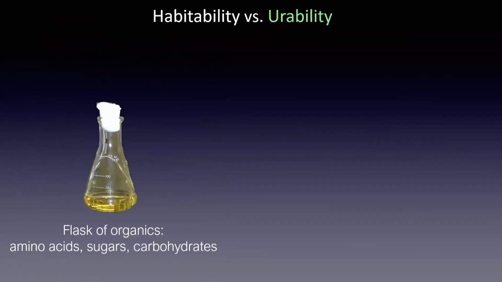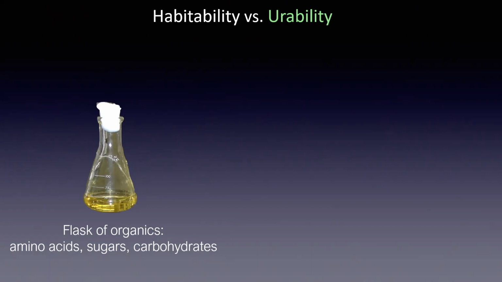Next slide. So habitability versus errability. Now I figured out a way to really demonstrate that by starting with a flask filled with a solution of organic compounds, including amino acids and sugars and carbohydrates and minerals and vitamins and so forth, everything that a microbial population needs to grow.